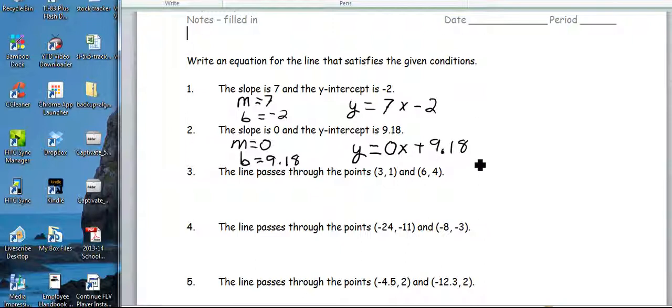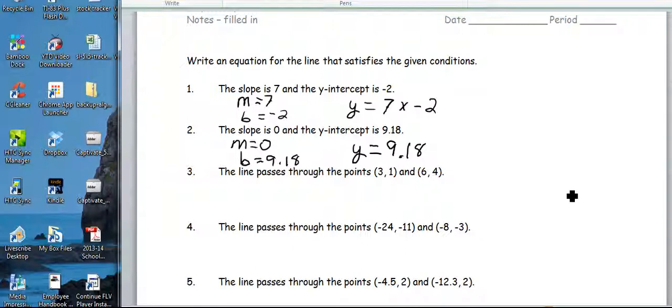And 0 plus 9.18 is 9.18. So technically it's not wrong, but we want to clean this up, and we're going to write it as y equals 9.18. So whenever you see y equals and then a constant like this, we know that the slope is 0.